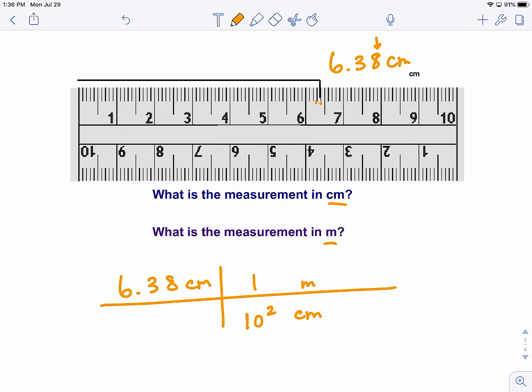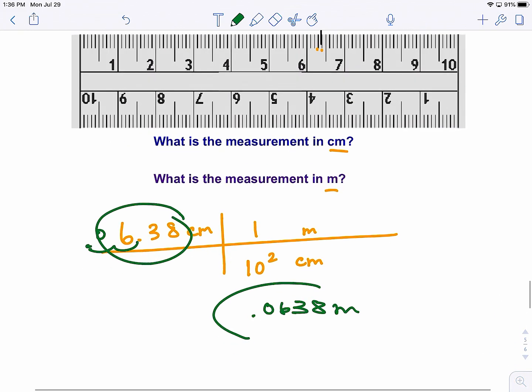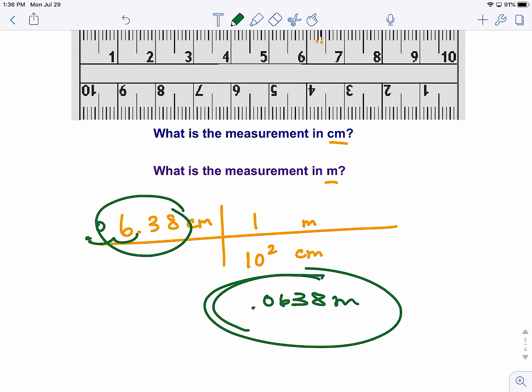So what we're going to do is take the 6.38 and divide by 100, or 10 to the 2. We're going to move our decimal place 2 places to the left. So if we were to express this in meters, that would be 0.0638 meters. Notice I have 3 sig figs here. How many sig figs do I have here? Well, it's still 3 sig figs because this leading 0 is not significant.